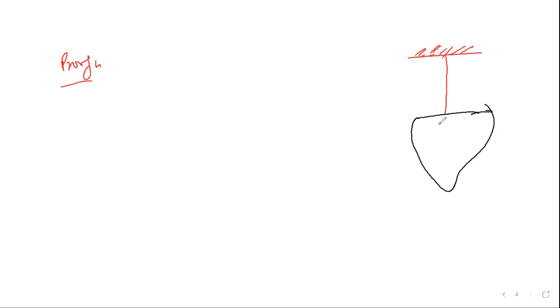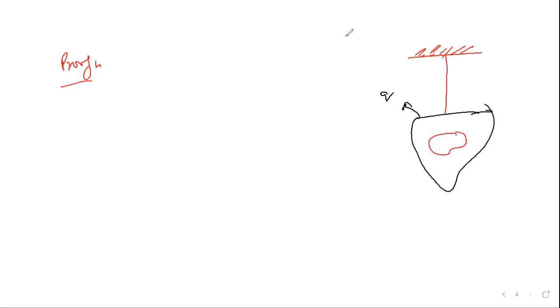So, proof. Again, this is my thread. Now I have again a lump of copper. So there is charge q. Now there is a cavity.